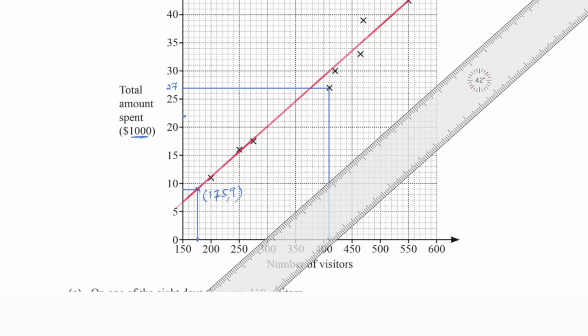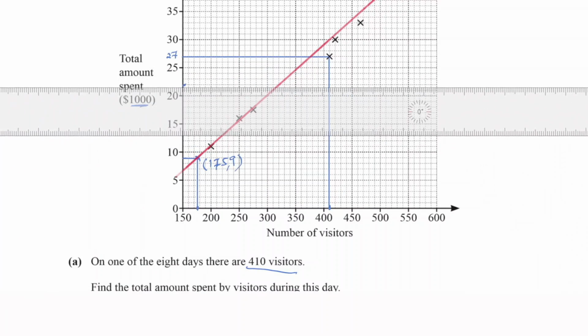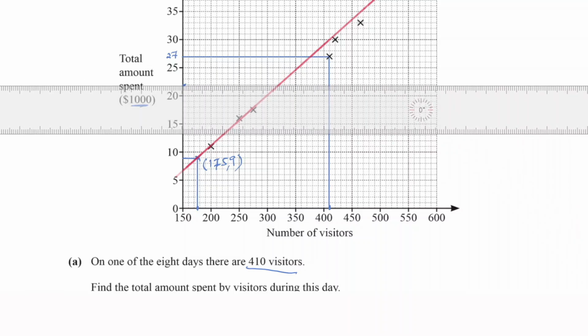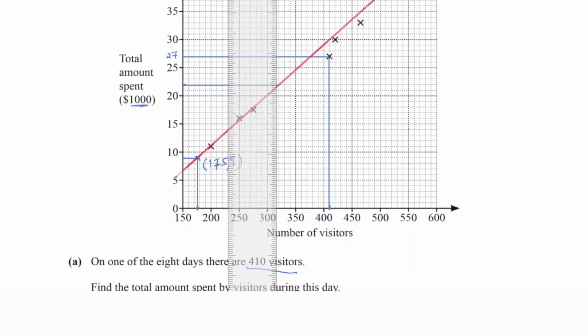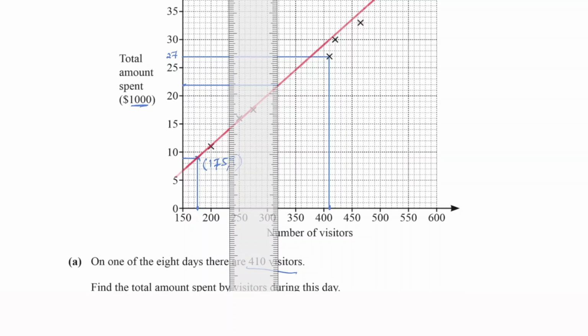So using the best fit line, we have to estimate the number of visitors. Okay, so if I draw it and connect it till the line of best fit and turn it back to the number of visitors, for me I'm getting the answer around 320.